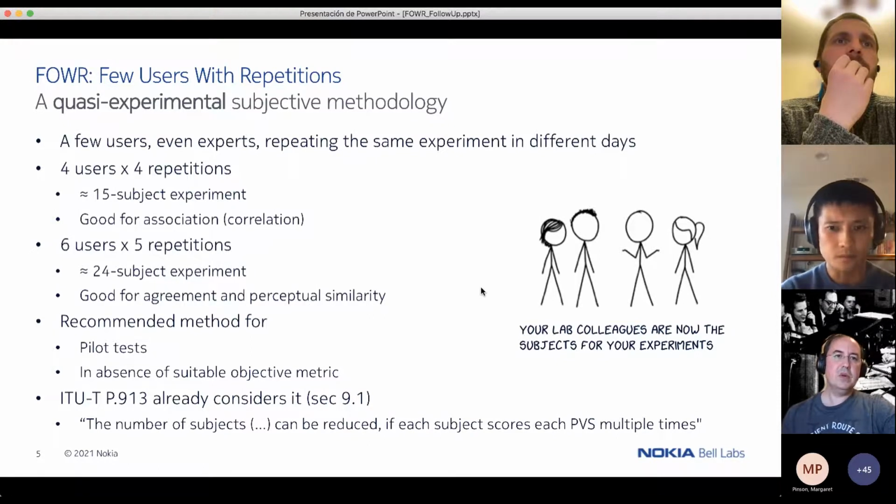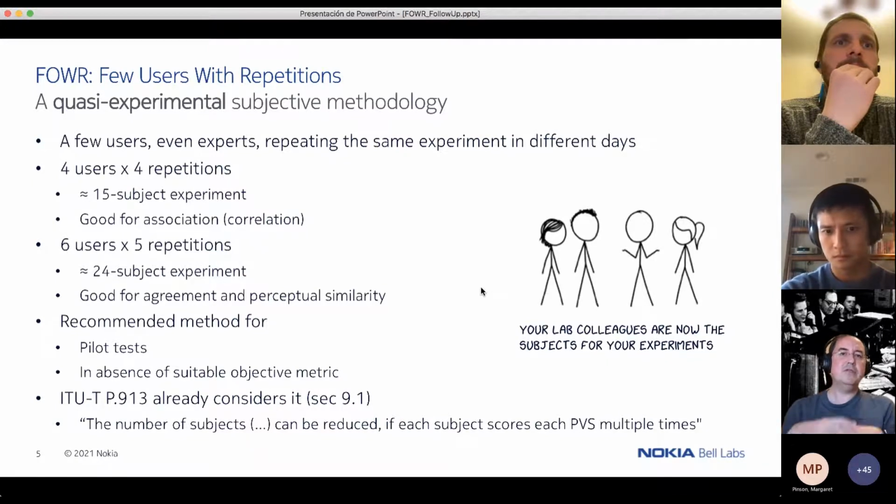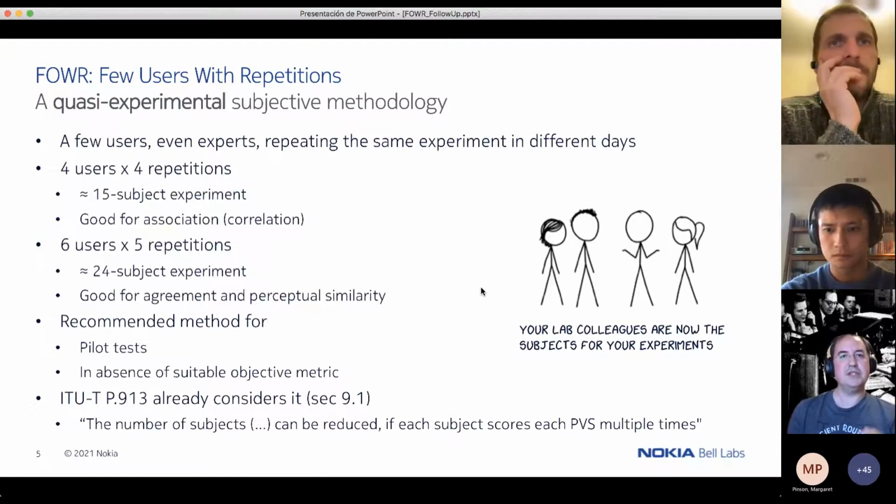So we called this a quasi-experimental methodology, in an analogous sense to how quasi-experiments are thought of in other statistics situations, which is a situation where you cannot have a fully random population when you run the experiment, but you have some control and a way to control that absence of randomness, which in our case is making people repeat the experiment several times.